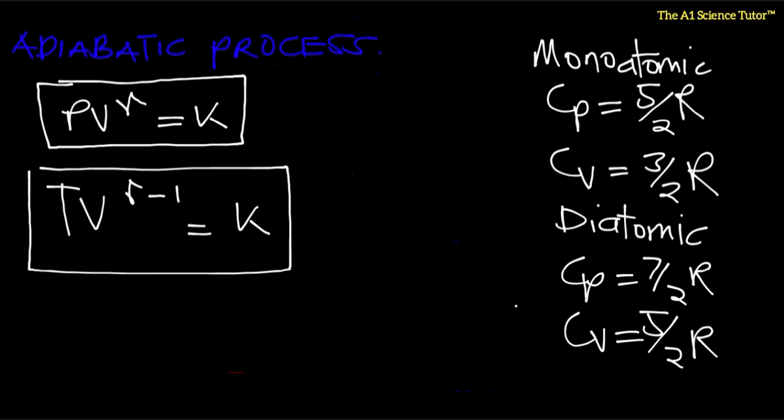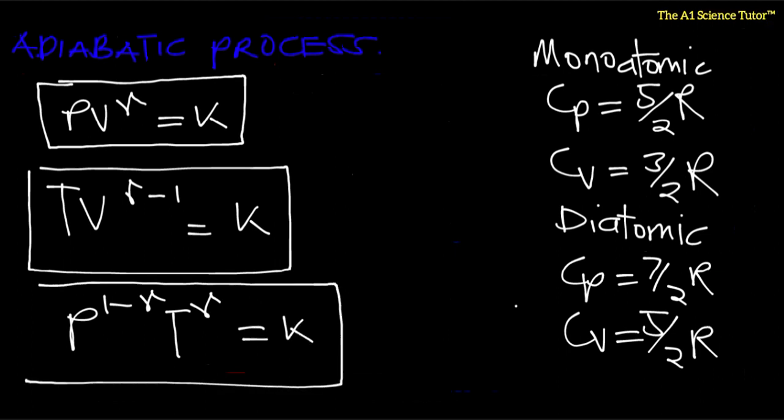Now there is one more, which is the combination of pressure and temperature. I need to rewrite this one, I actually made a mistake. This has to be P raised to the power of 1 minus gamma, multiplied by T raised to the power of gamma, equal to K. So this is what you have for the third.